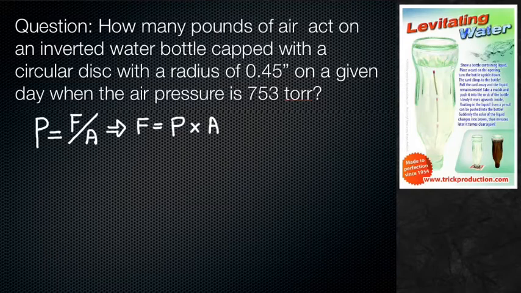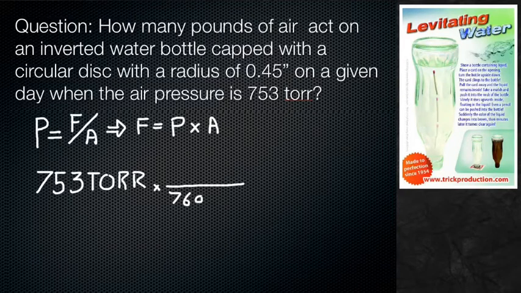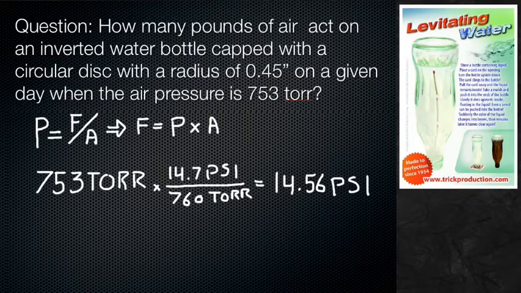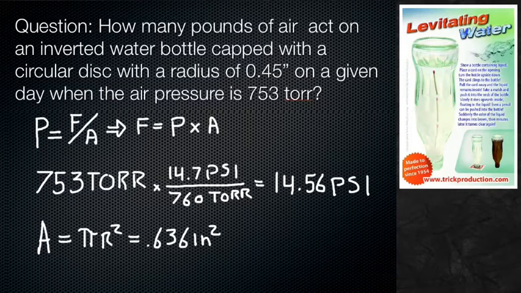So we have an equation, and we have some information that we can plug into this equation, but as always, it's important to consider the units that you're using here. Since we're asked to find the force in pounds, we need to convert the pressure unit 753 torr into psi, using the conversion factor that 14.7 psi is equivalent to 760 torr. The area is a circular area, so the area of a circle is pi r squared.